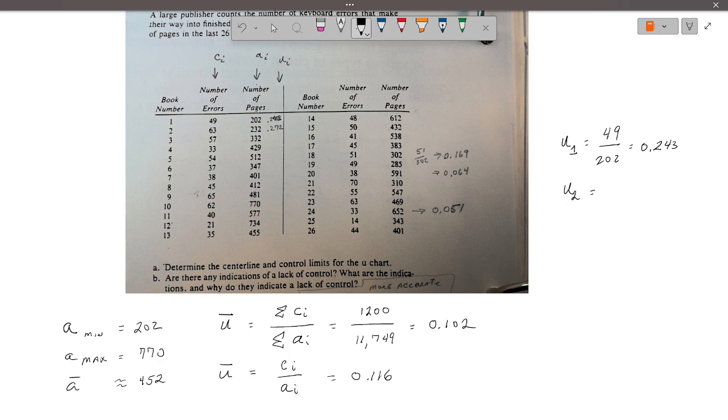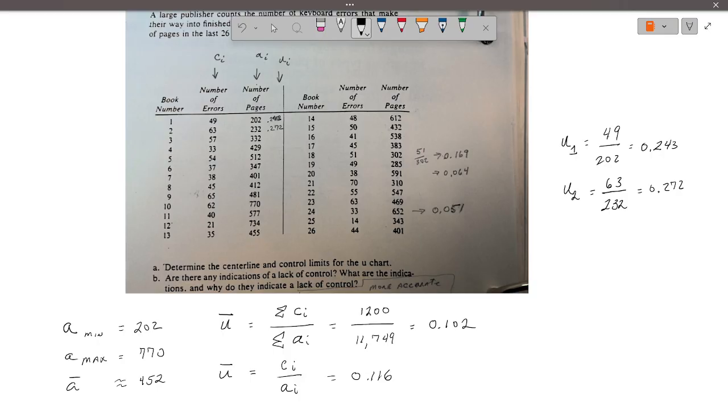And I'm going to go look at 63 divided by 232. And that'll give me a number of 0.272. And I keep doing that all the way down till I got all 26 samples calculated. Okay? With me so far?